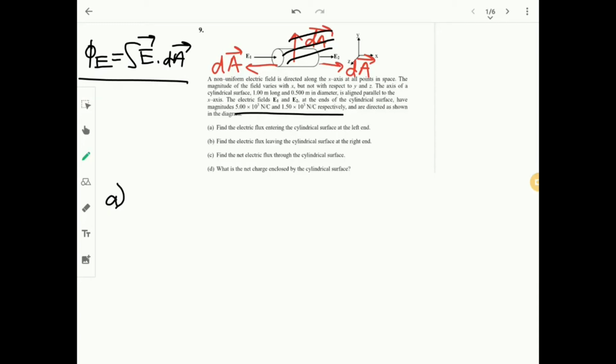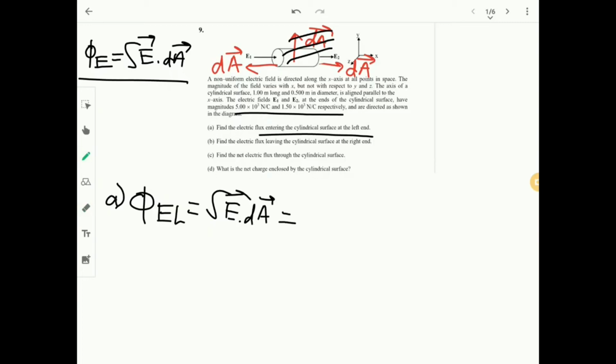Now, many of you will notice that E1 and dA have opposite directions. That should mean that flux is negative, right? But since they're asking entering at the left end, we do not need to care about the signs yet. So the electric flux from the left is equal to E dot dA vector.